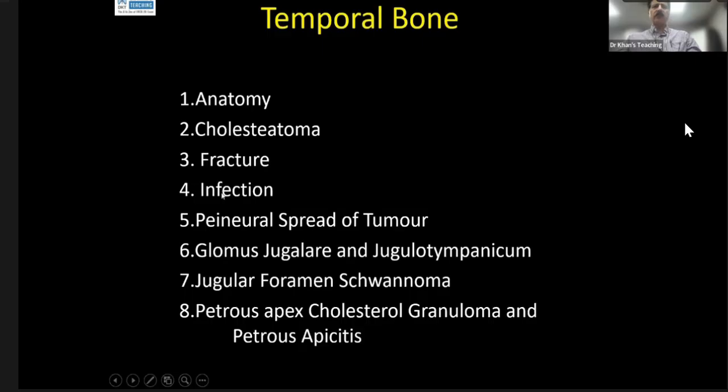Fracture, infection, perineural spread of tumor, which will also consolidate your anatomy questions. Glomus tumors, glomus jugulare and jugulotympanicum, then jugular foramen and schwannomas, and then petrous apex granuloma, cholesterol granuloma, and petrous apicitis. So these are the things which we are going to cover today.